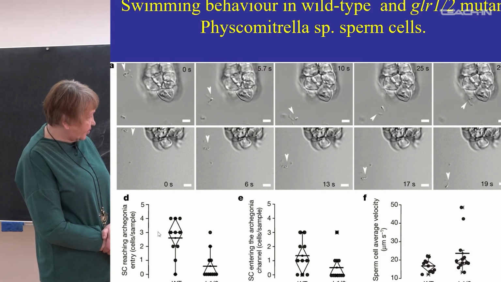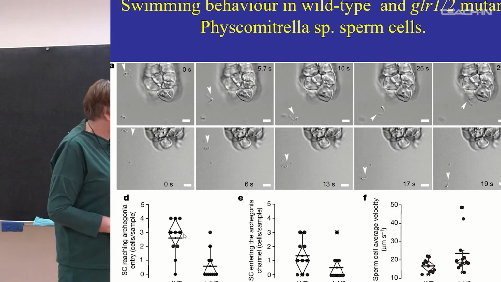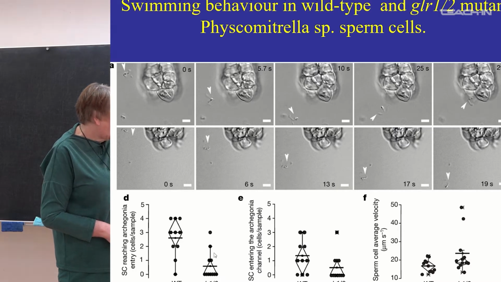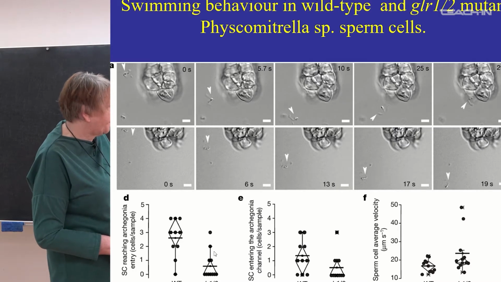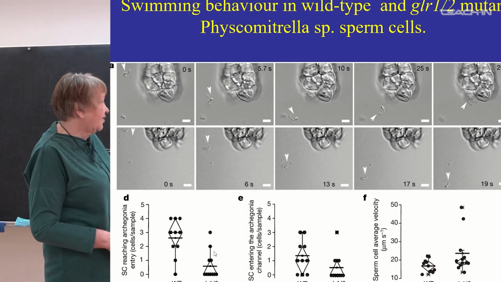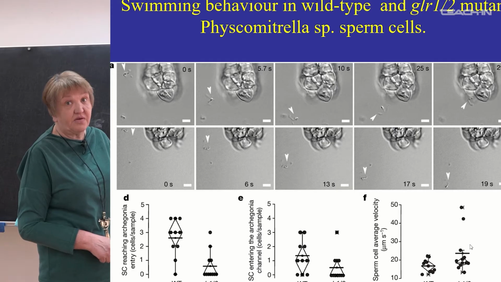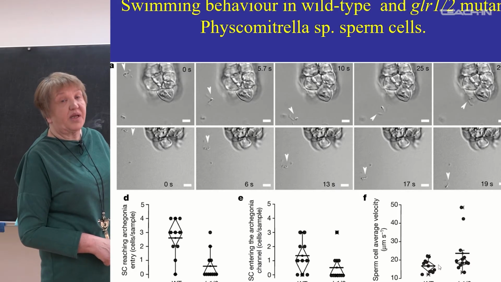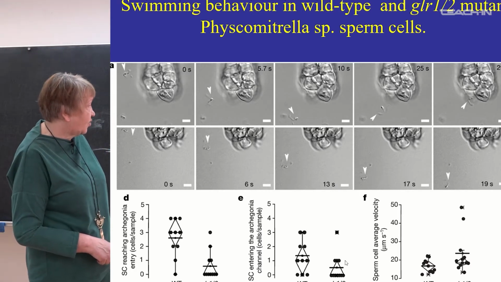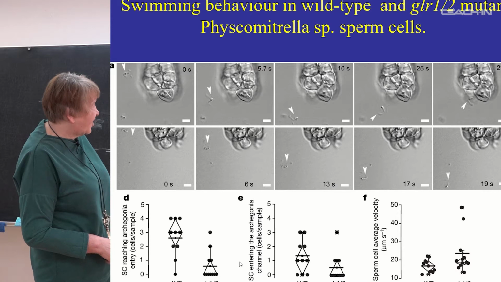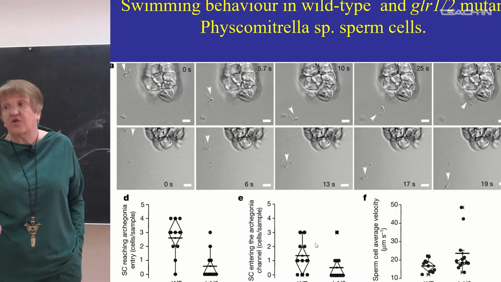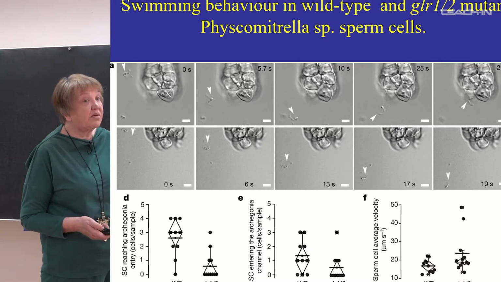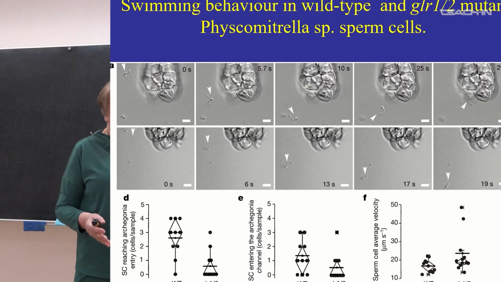Wild type sperm reach archegonia entry, whereas mutant rarely does it. And this shows the velocity of the sperm is pretty much identical between wild type and the mutant, which suggests that it kind of lost navigation, suggesting that these channels are playing a role in determining the direction of sperm movement.